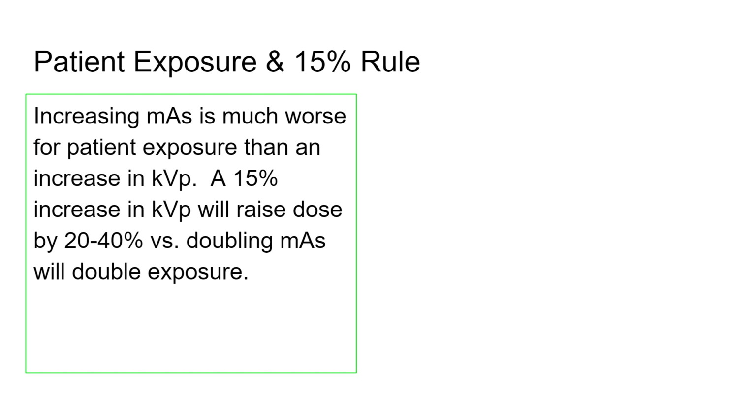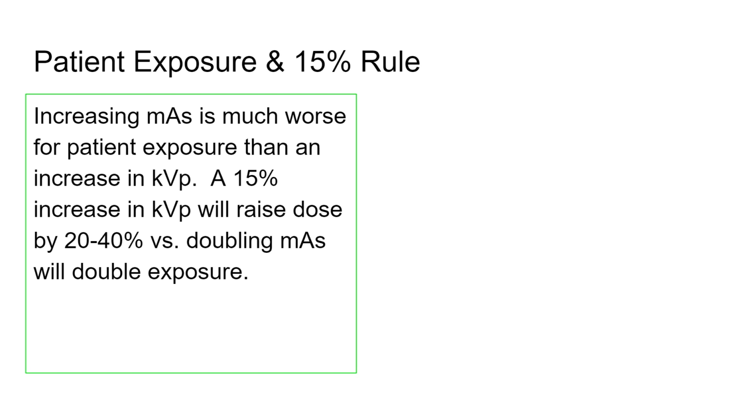So increasing kV is a good thing, right? Increasing mass is only going to give you more photons. So the same percentage of photons that get stuck in you with one mass will be the same ratio that gets stuck in you if you increase that mass. You'll just have more.